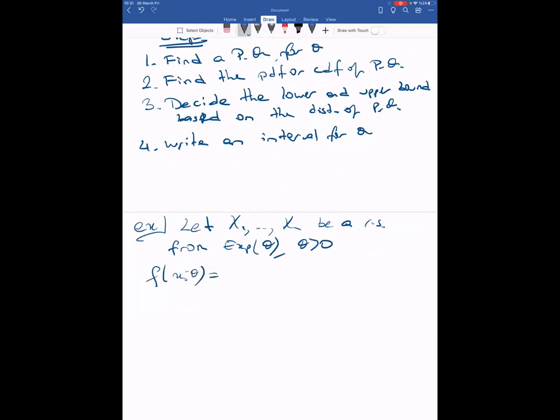We have 1 over theta e to the minus x over theta, x greater than 0. This is a scale type distribution, remember. It is 1 over theta f of x over theta format. And when we consider the x over theta transformation, this PDF does not depend on theta. So here, theta is a scale parameter.